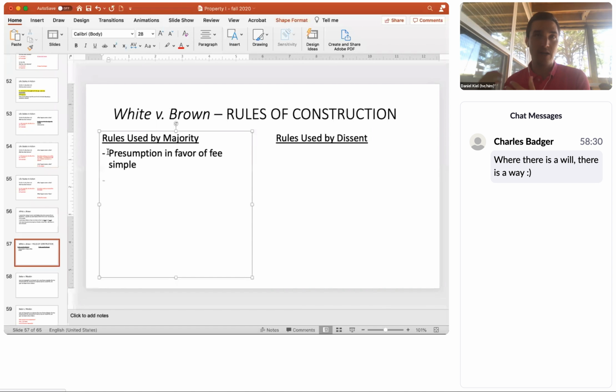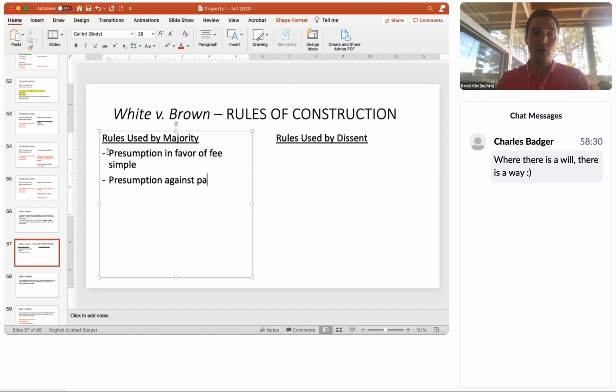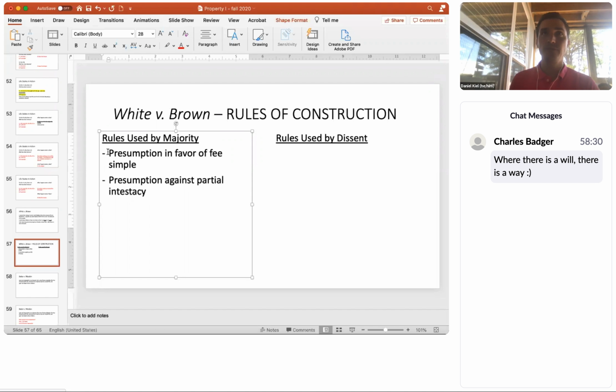And so the court says, no, unless there is obvious intention in the alternative, we have a presumption against partial intestacy. Where there is a will, it is presumed that the will gets rid of everything, unless there is some obvious retention of something.